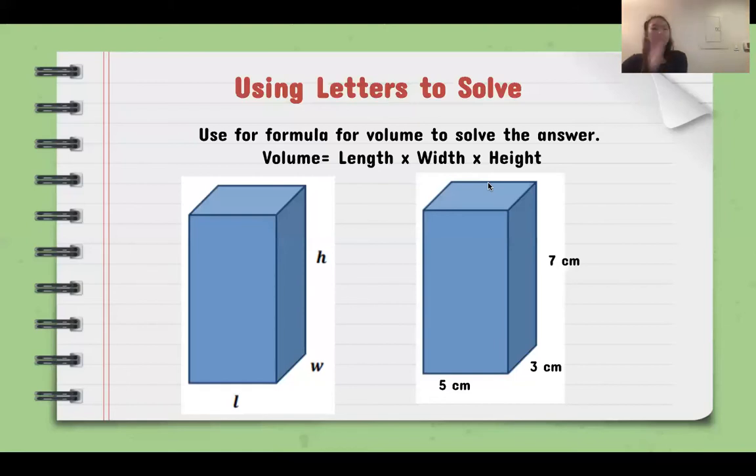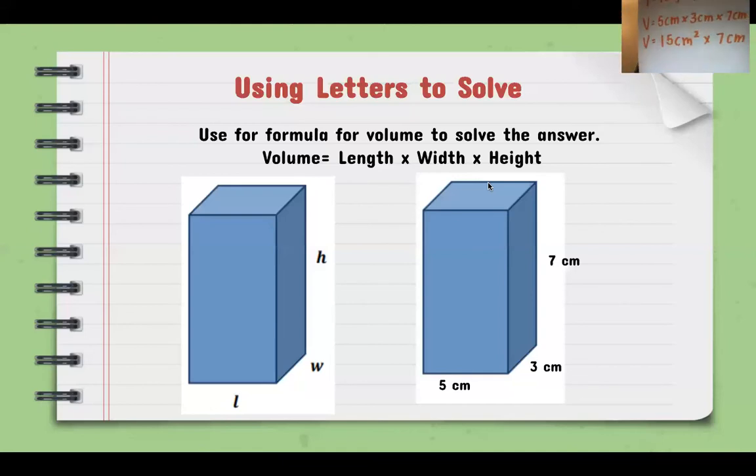So I like to do it in a row. So I'm going to do V for volume equals 5 centimeters times 3 centimeters. So that gives me 15 centimeters squared because I have my 2 centimeters and I'm multiplying both my numbers. And then I'm going to have times my 7 centimeters.